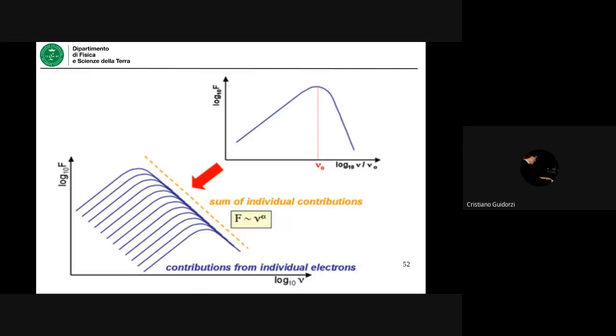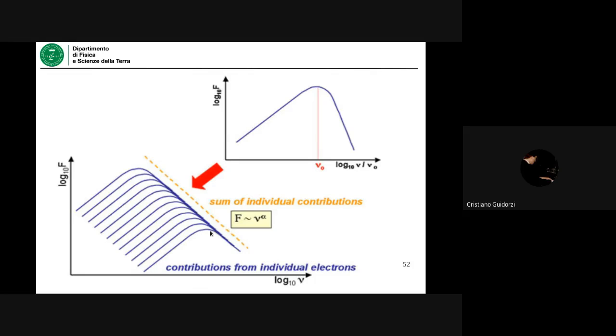That's it. It's instructive to think from a qualitative point of view how from this top panel here, which is the spectrum of one single electron, you can end up from this guy to this guy here.